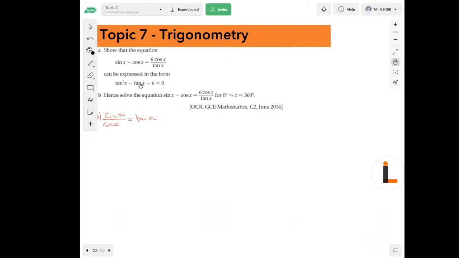And we can see that actually what we want to ask ourselves is how can we make any of these terms look like this? So if we divide by cos x, we'll get sine over cos x here. This will cancel out, and this will also cancel out as well.